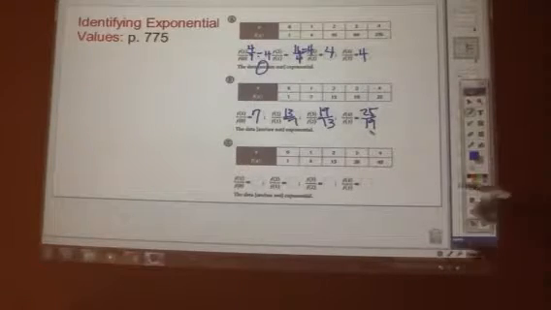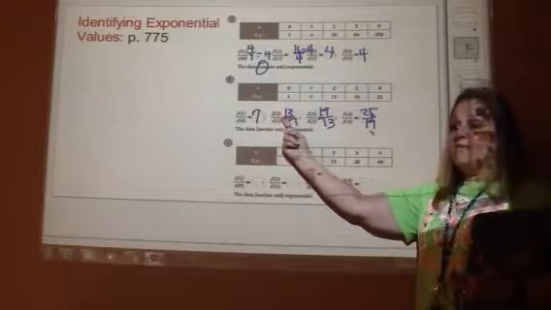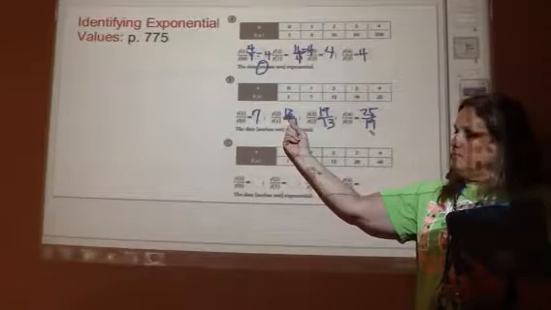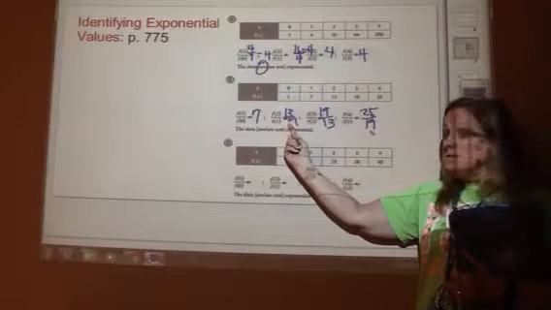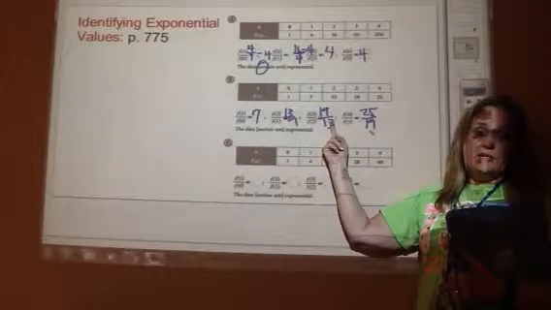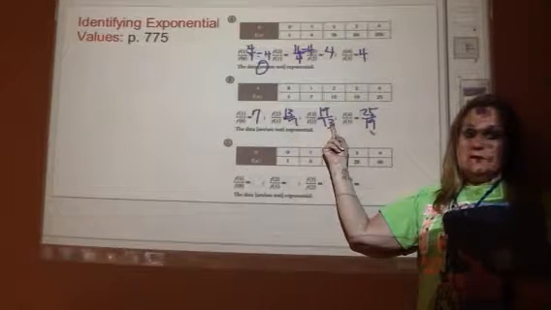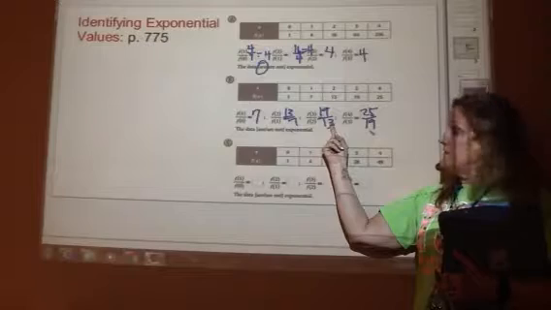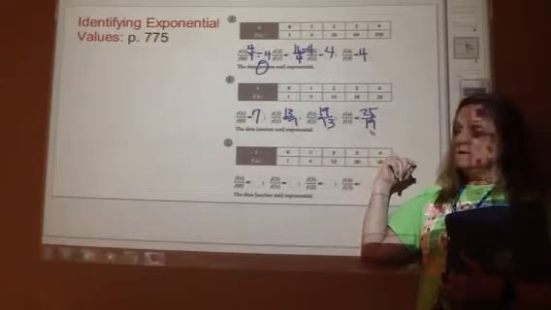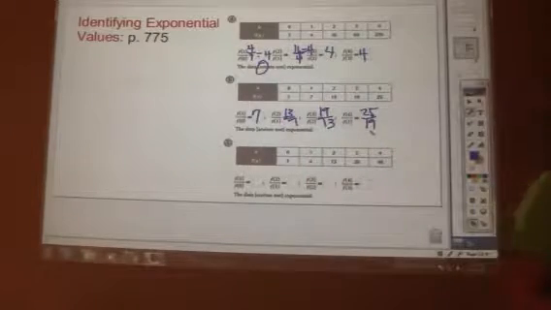So right here we have 7. Somebody divide 13 by 7 for me. 1.85. What is 19 divided by 13? 1.46. What's 25 divided by 19? 1.31. Okay, so those don't even match up. They would have to be the same or very, very close. They are not, so they are not exponential.